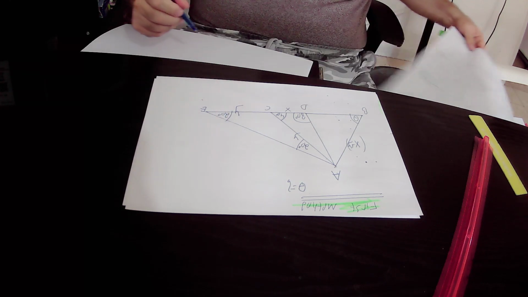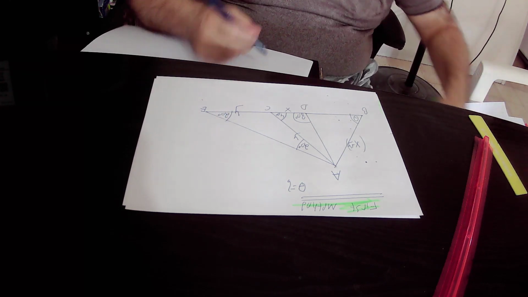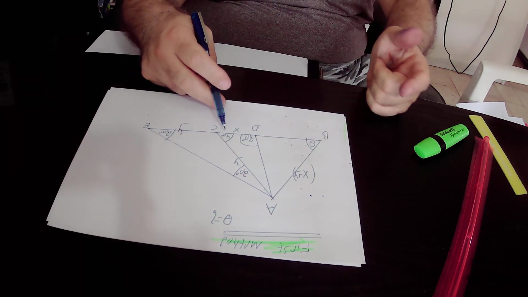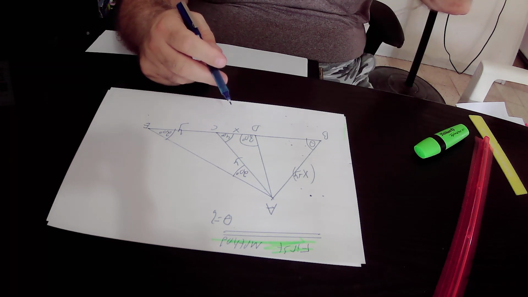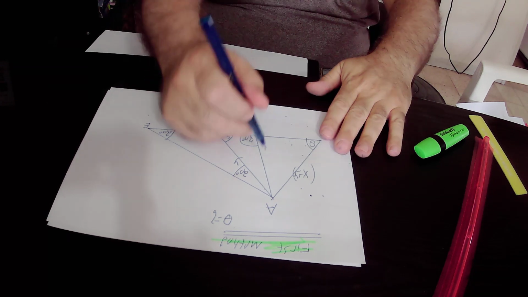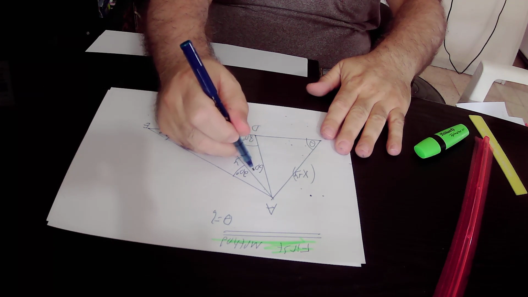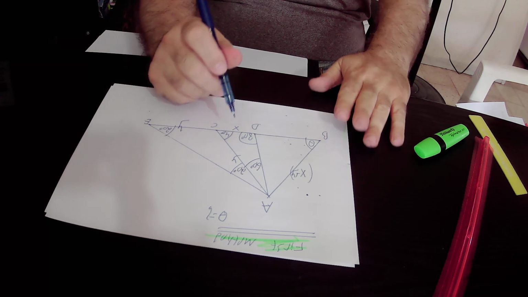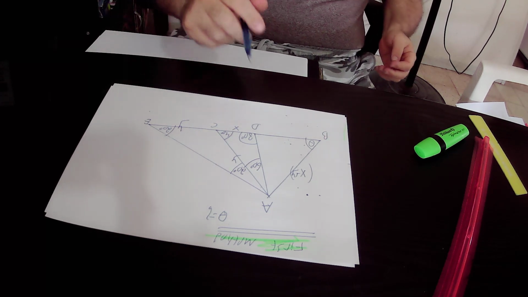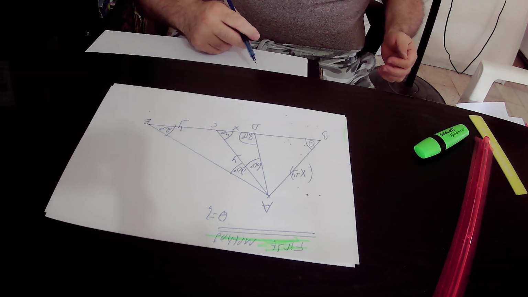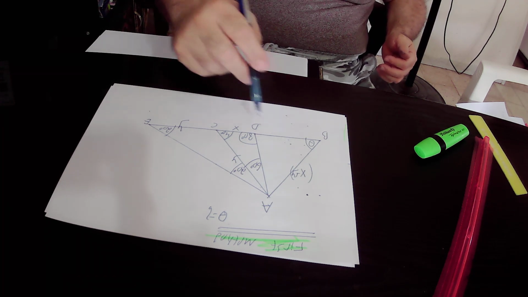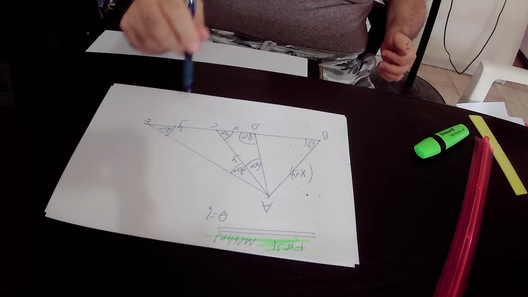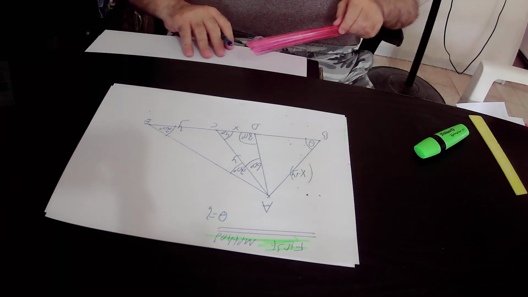Okay, so if we focus on triangle ADC, this angle equals 80 degrees, this angle equals 40 degrees, 80 degrees plus 40 degrees is 120 degrees, so this angle must be equal to 60 degrees, because 60 degrees plus 120 degrees is 180 degrees, that is the sum of the angles in triangle ADC. Okay, so this angle must be equal to 60 degrees. In the next step, I will copy triangle ADE in a new page and we will analyze triangle ADE.